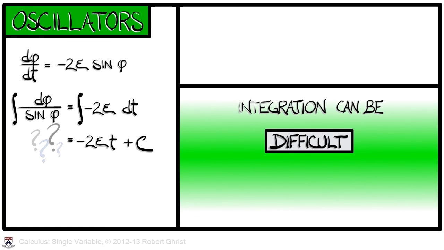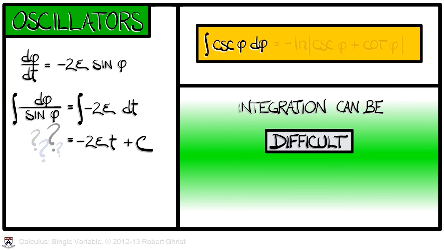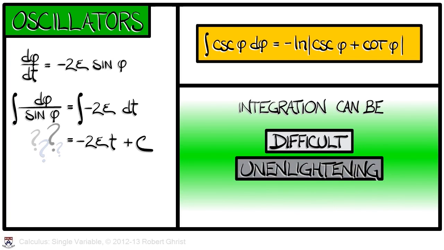Integration can be difficult. This is one of the problems in differential equations. I don't remember the integral of cosecant. But let's say that I look that up, and I get that the integral of cosecant is minus log absolute value cosecant plus cotangent. Even when I have that, that does not help me hardly at all.